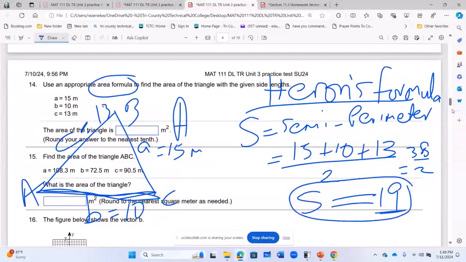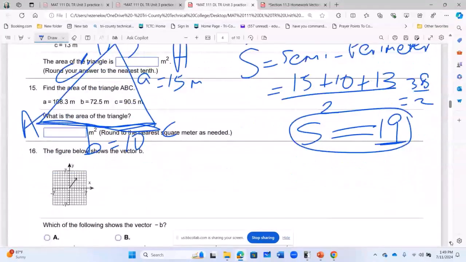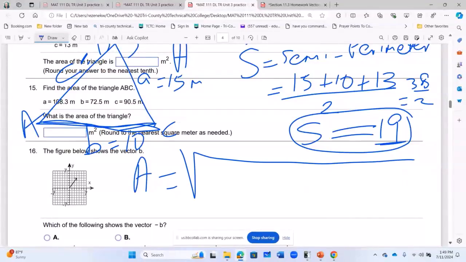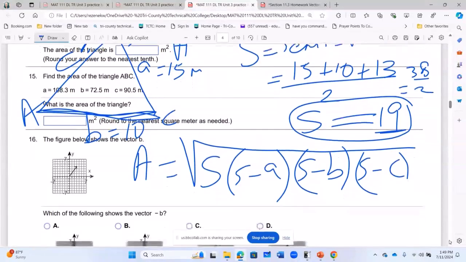Now we write Heron's formula. So by Heron's formula, area equal to square root of S into S minus a, S minus b, S minus c, and then simplify. So we're going to just put it in.